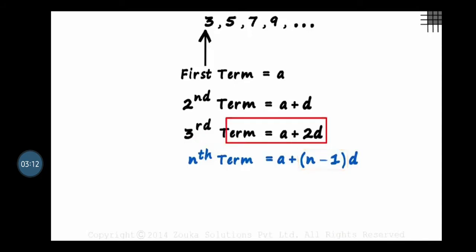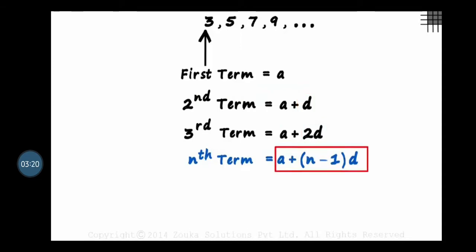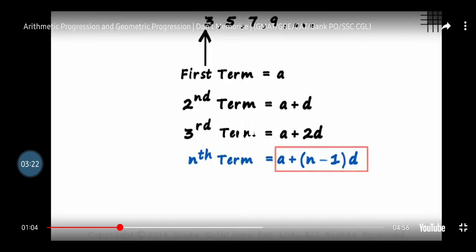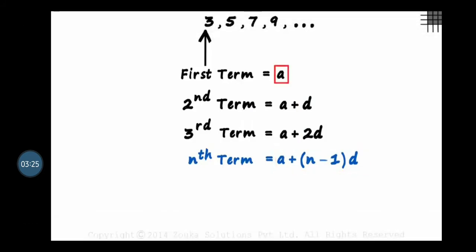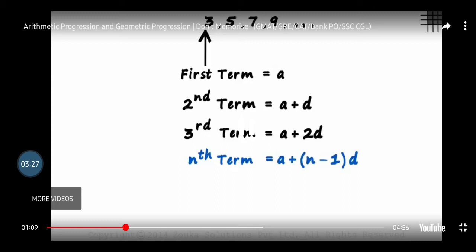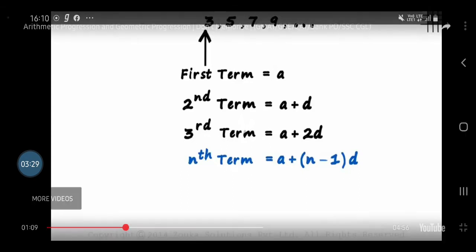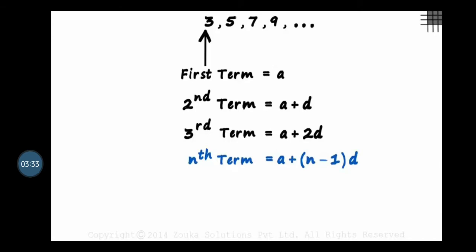Third term 2D, second term 1D. So this is the formula we had seen earlier: first term plus n minus 1 times D. It's just that we have written the first term as A. So students, I hope you understood something about this formula.